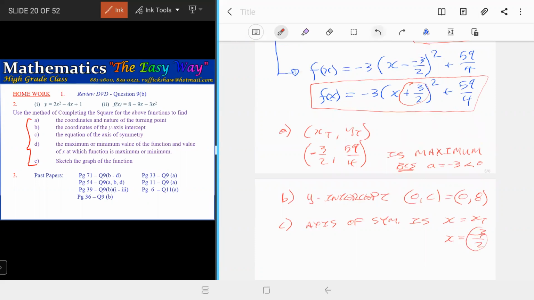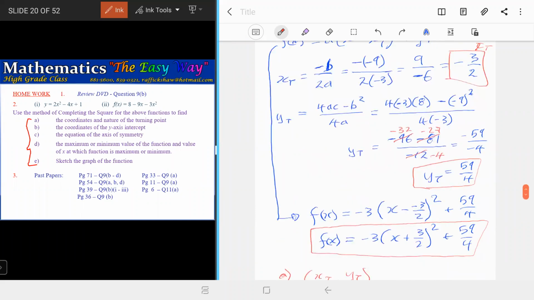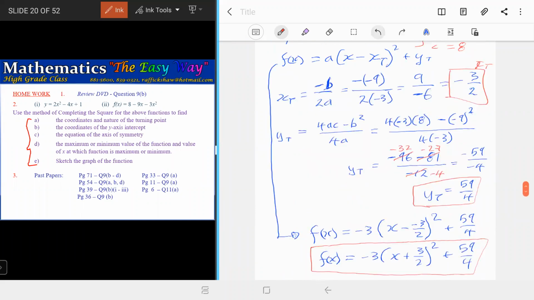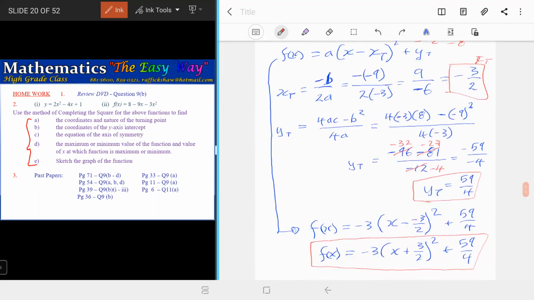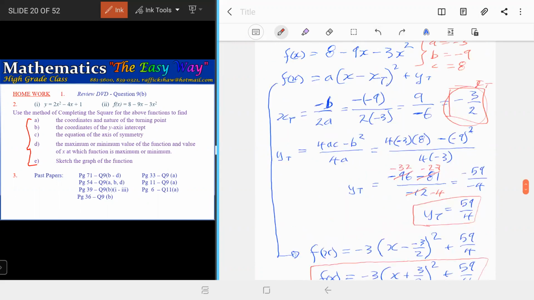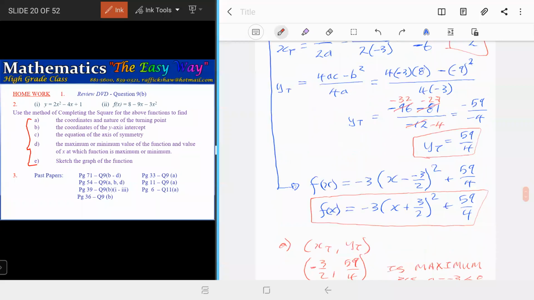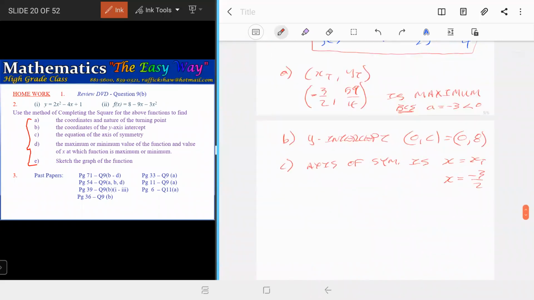Don't do that. It is the xt value, which is negative 3 over 2. Just x equals the xt value. The equation of the axis of symmetry is that. That is the equation of that vertical line.